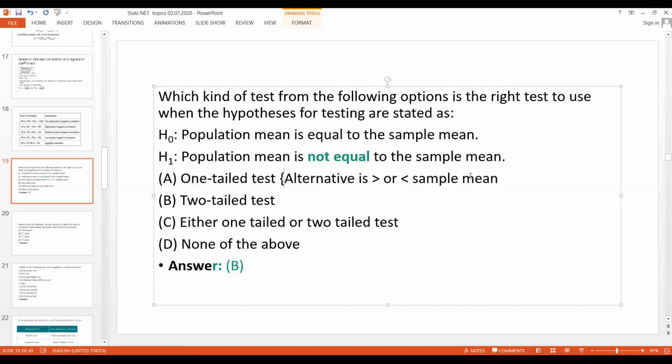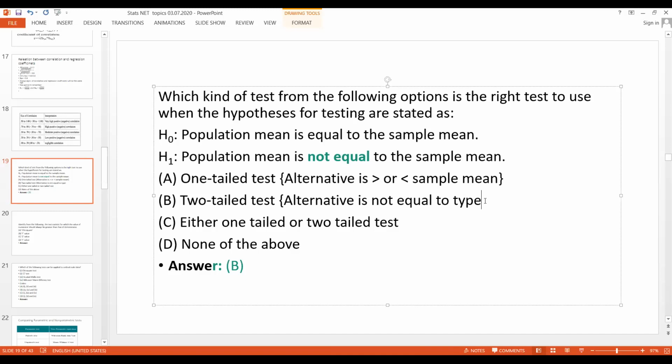So it purely depends on your alternative hypothesis whether your test will be one-tailed or two-tailed. When your alternative is of the not equal to type, then we have a two-tailed test. That's all you need to remember.